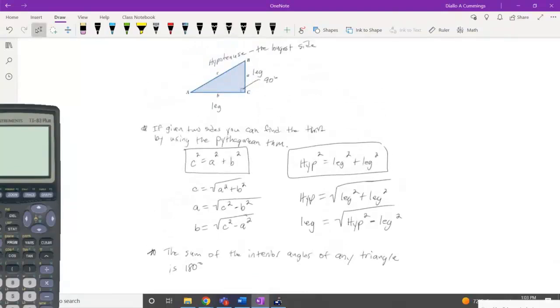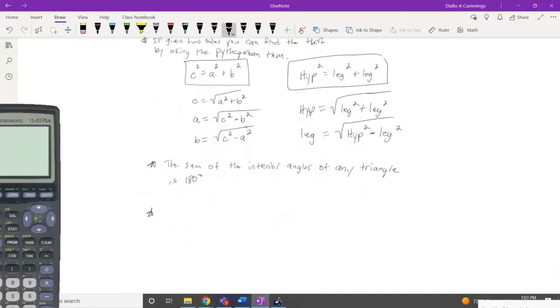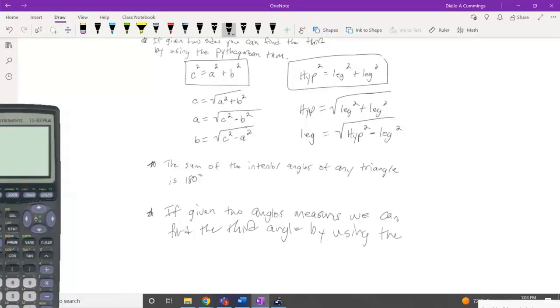So based on the angles adding up to give you 180, that brings up one more last fact. If given two angle measures, we can find the third angle by using the sum formula.